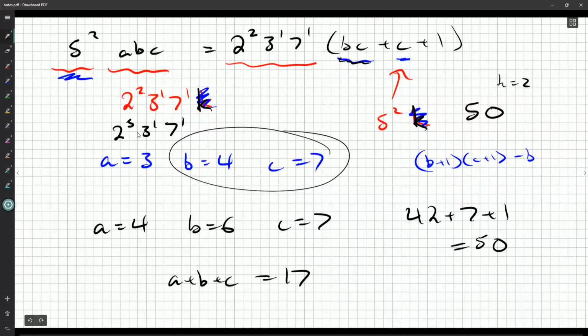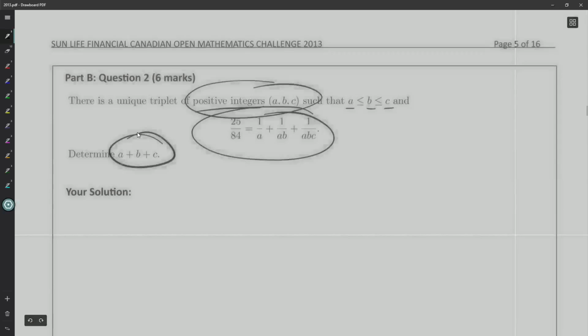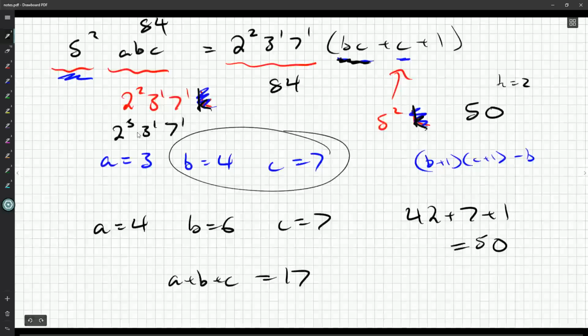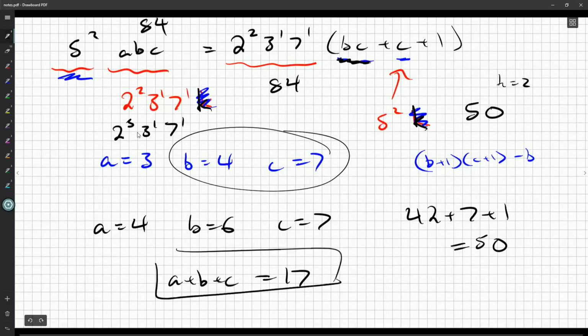I tried just the obvious 84 and 84, and then I realized, well, the bc combination, it's almost too big, so I tried something a bit smaller. Now, I just want to make sure there is a unique triplet of positive integers, so I've got my triplet of positive integers. They're telling me it's unique. I don't have to find all possible values of a plus b plus c. We're done. I just happen to have stumbled upon it.